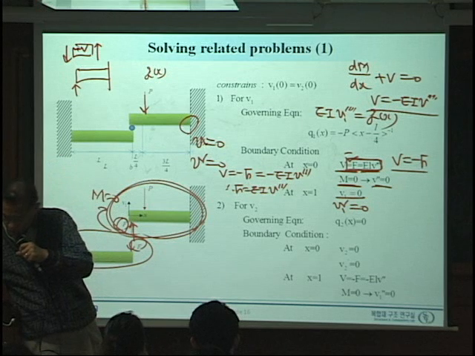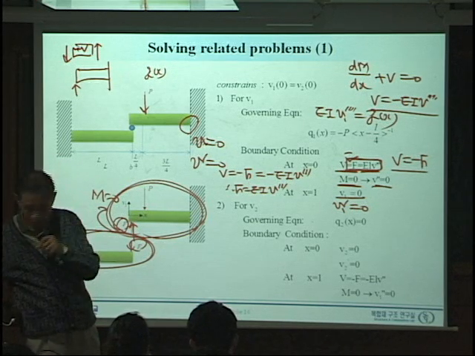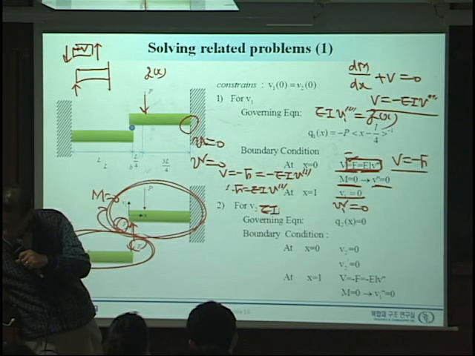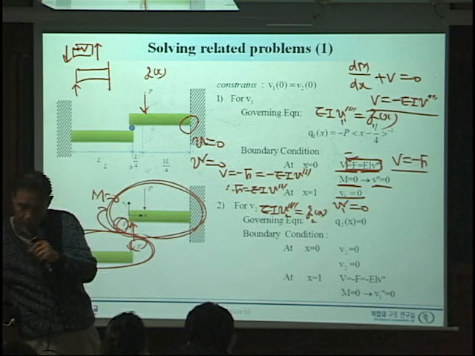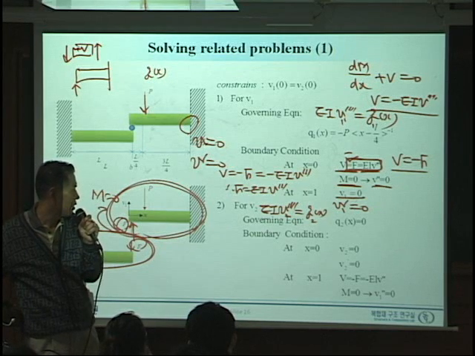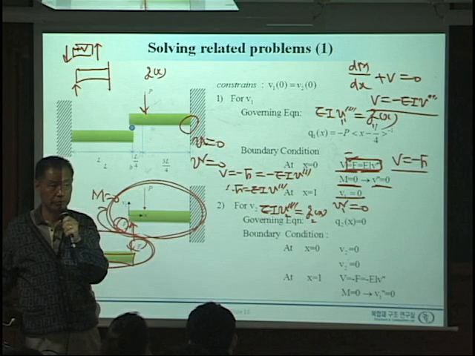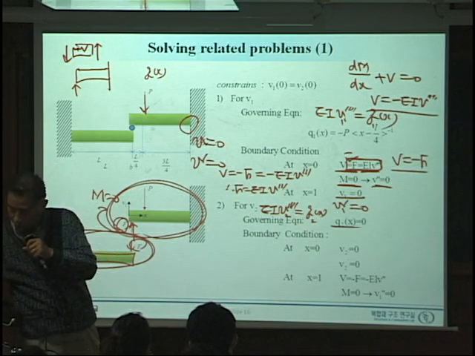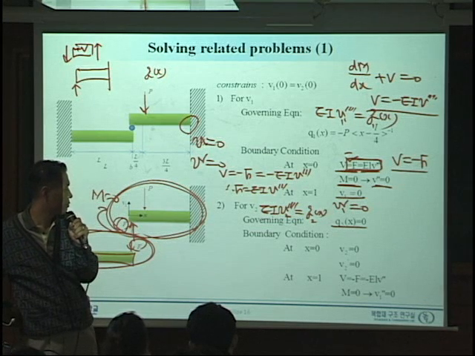And for V2, left-hand side, well, you may write down again EI V2 fourth derivative equal Q(x). Well, you just say Q2. Here is Q1 and V1 and Q1. And here, do we have a distributed load? Simply no. So you write down Q2 equals 0. Right? Q2 equals 0.